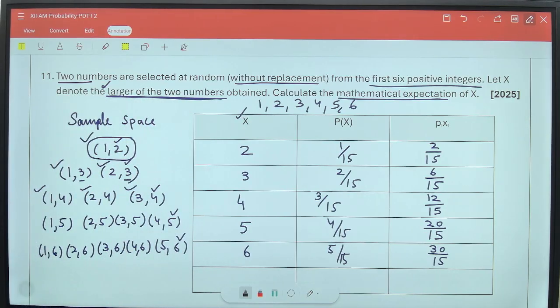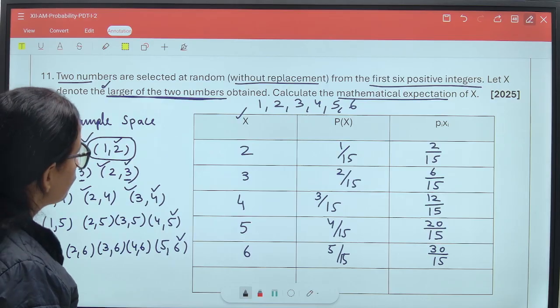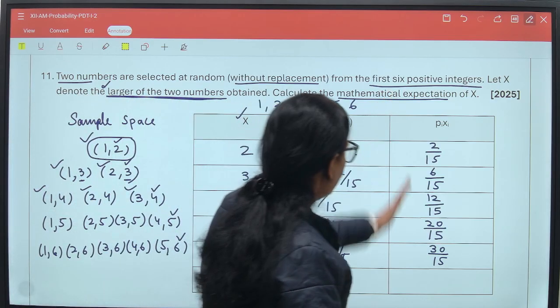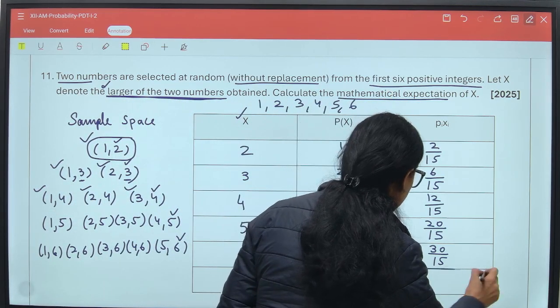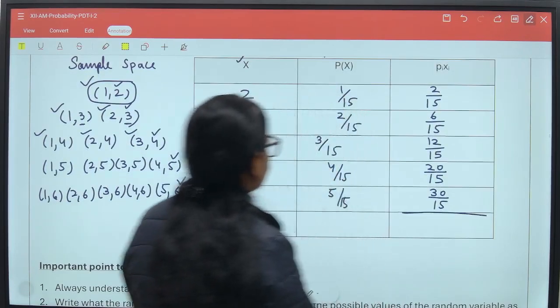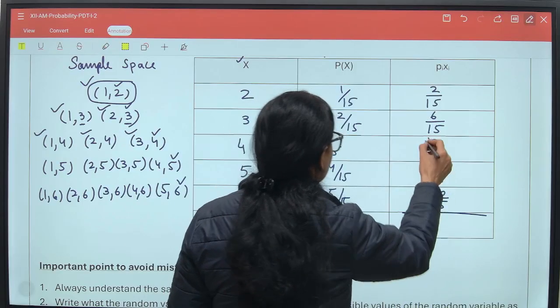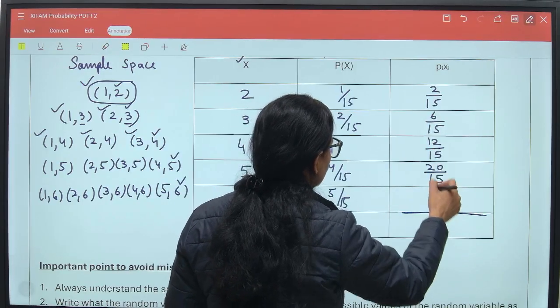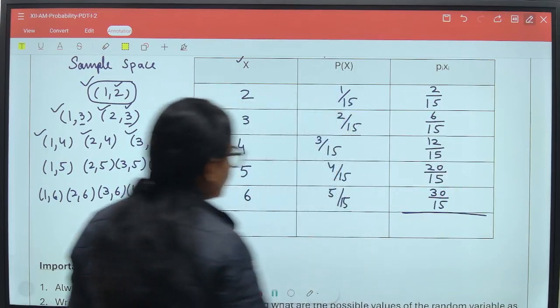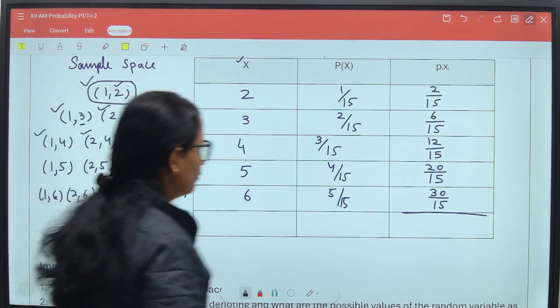So let's add all of them because we need the mathematical expectation, that is the sum of pi xi. It comes out to be 70 by 15.